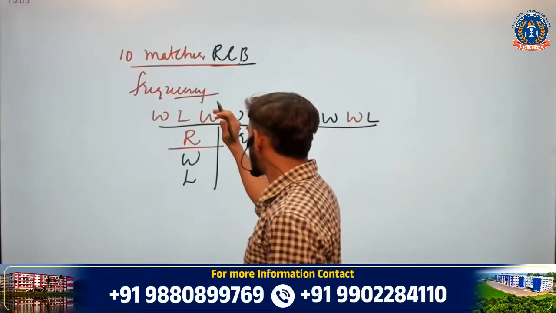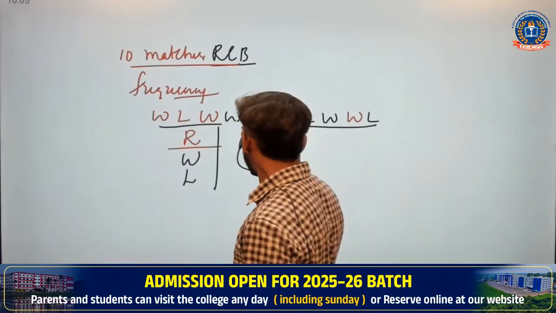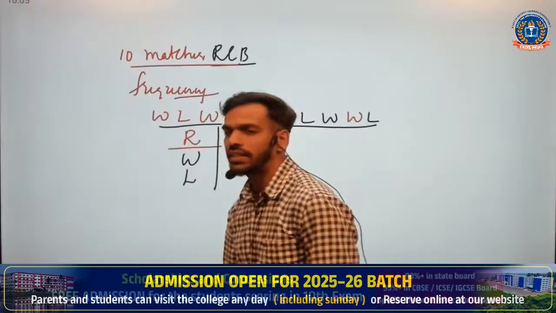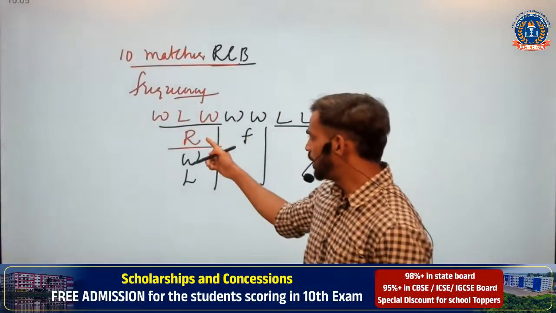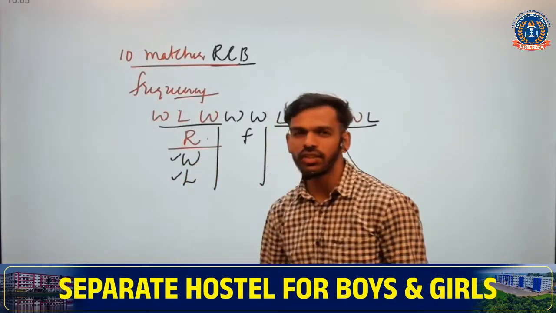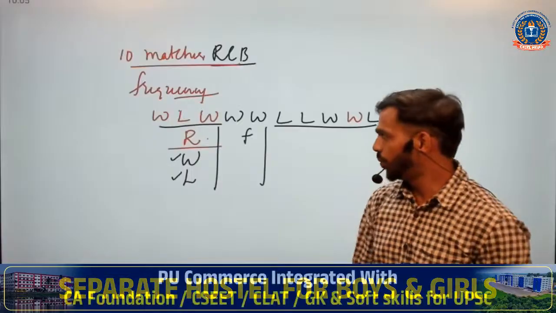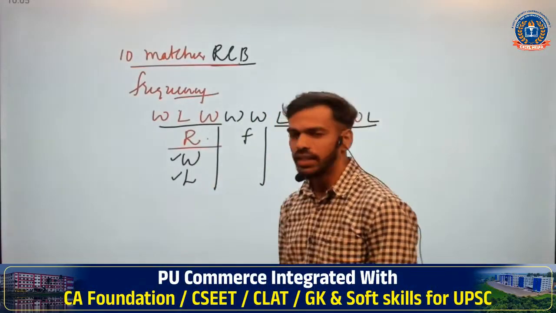Frequencies are usually denoted by F. Here R is nothing but the result, that is our variable. The variable takes the values W and L, where W stands for a match won by RCB and L stands for its losses.